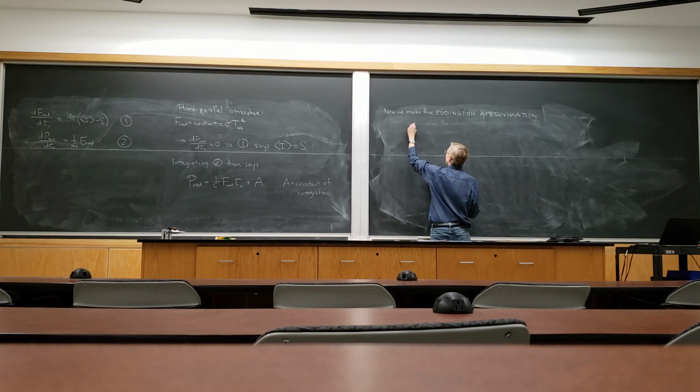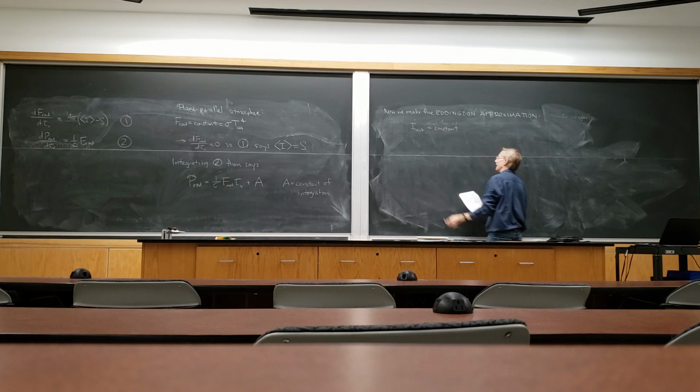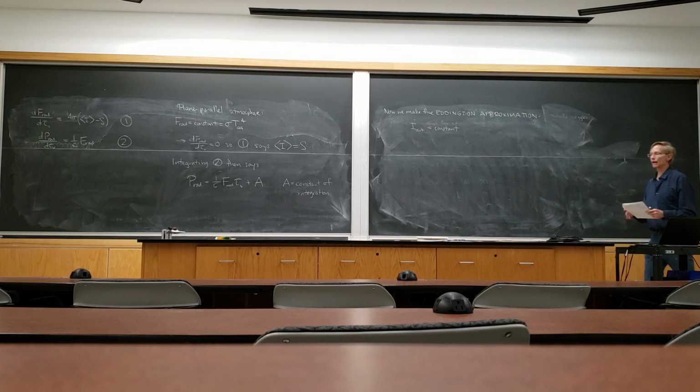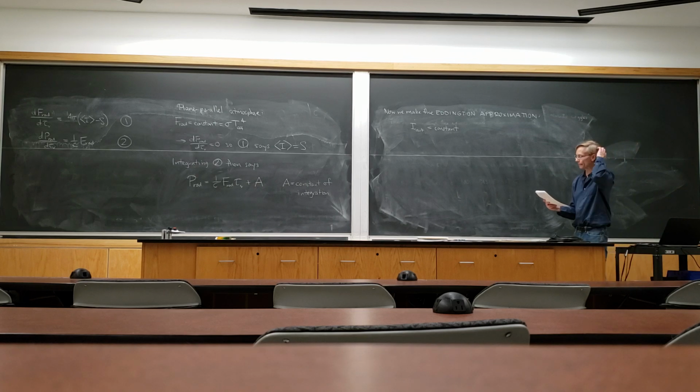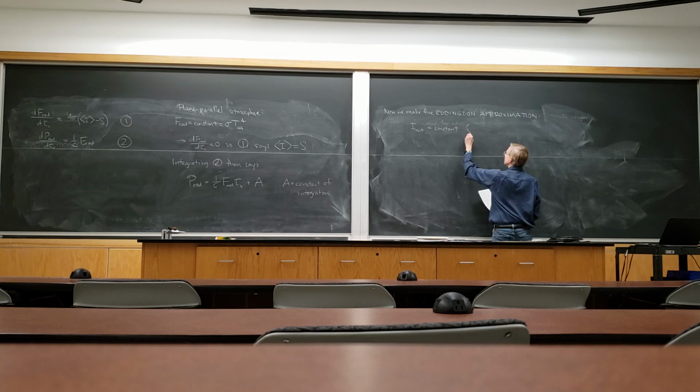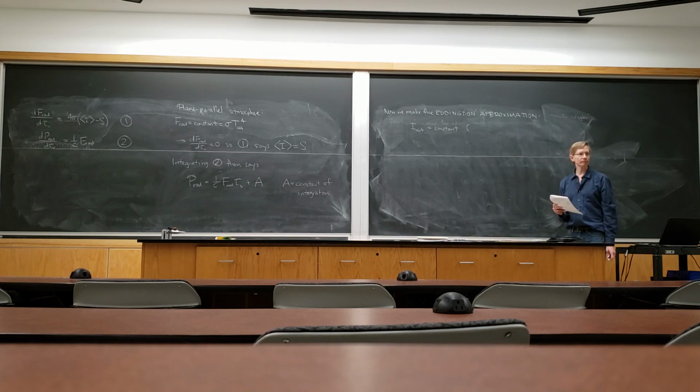The Eddington approximation: I_out is constant, and by that I don't mean constant with depth within the star. I mean at any given depth within the star, the outward specific intensity doesn't depend on angle. It's isotropic in the outward direction. When you say angle, do you mean both azimuthal and polar? Yes, I mean both polar and azimuthal angle.